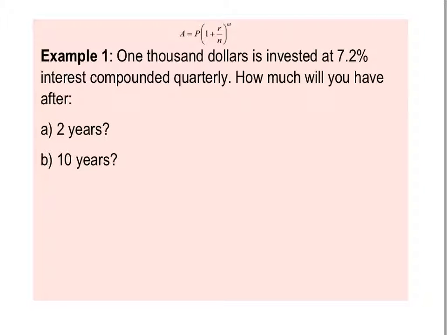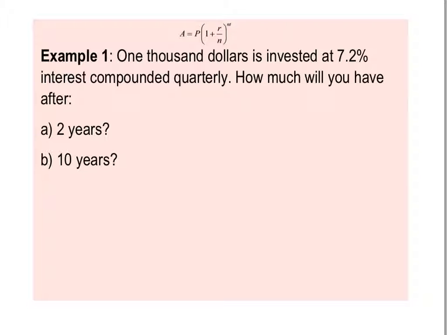Example 1: $1,000 is invested at 7.2% interest compounded quarterly. How much will you have, A, after 2 years, and B, after 10 years? Okay, so we're using our compound interest formula here. Let's figure out what we're solving for and all of the variables that we need to plug in.